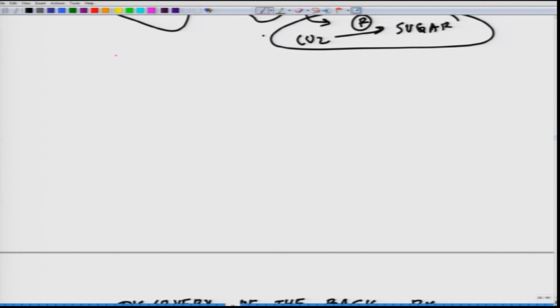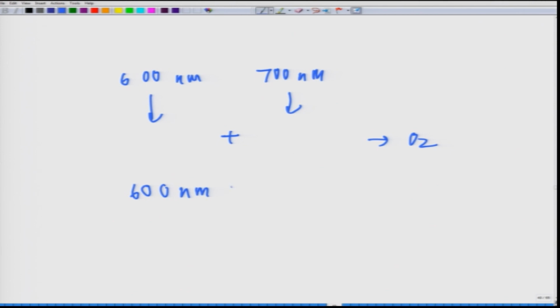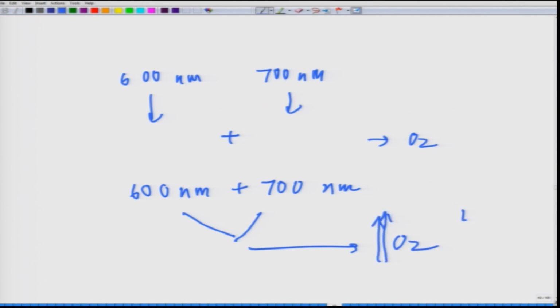Okay. So if you give 600 and 700 nanometer separately and add the efficiency in terms of oxygen evolution, or if you give 600 nanometer plus 700 nanometer together and measure oxygen evolution, you will see the efficiency is more.